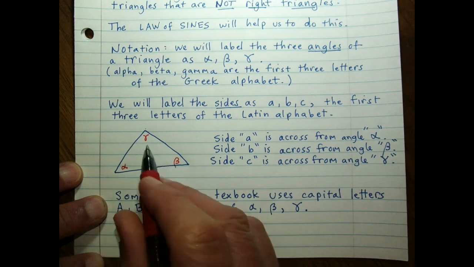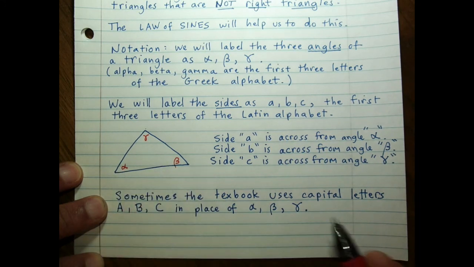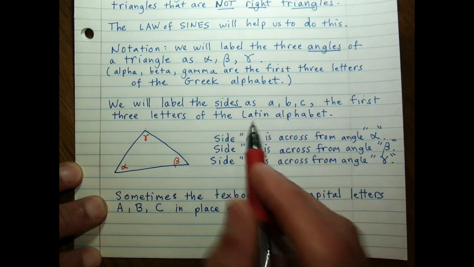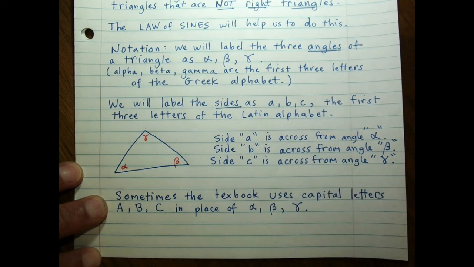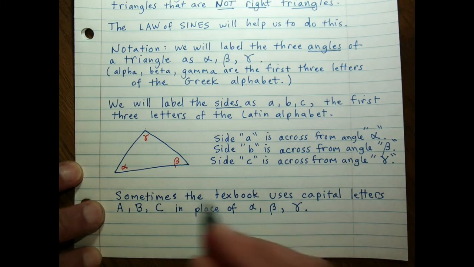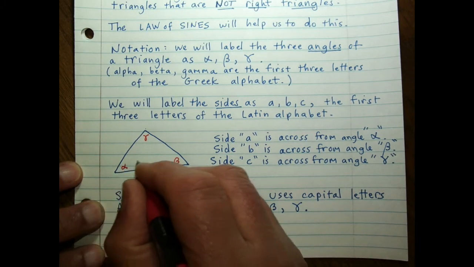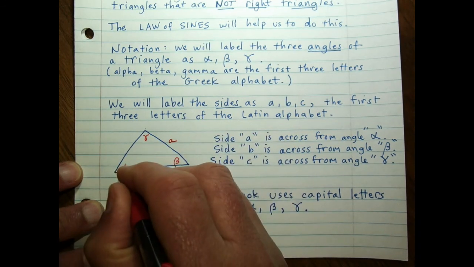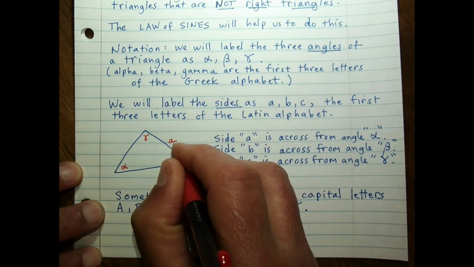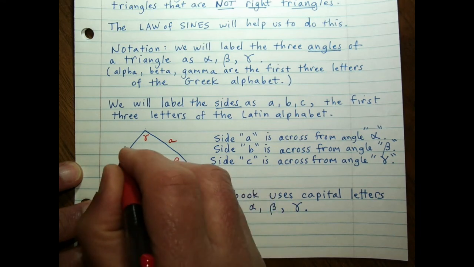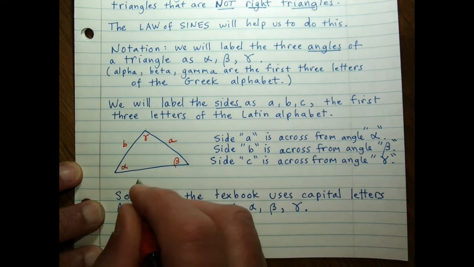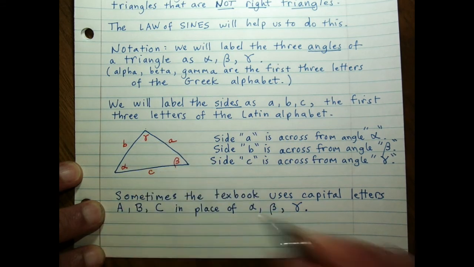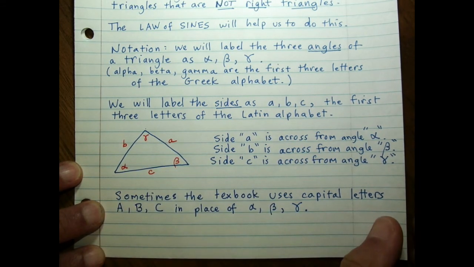Okay, so alpha, beta, gamma, we labeled the three angles. We're going to label the three sides as A, B, C, just regular Latin alphabet letters. And we have to make sure that across from angle alpha is side A, across from angle beta is side B, and across from angle gamma is side C. We're going to follow this convention.